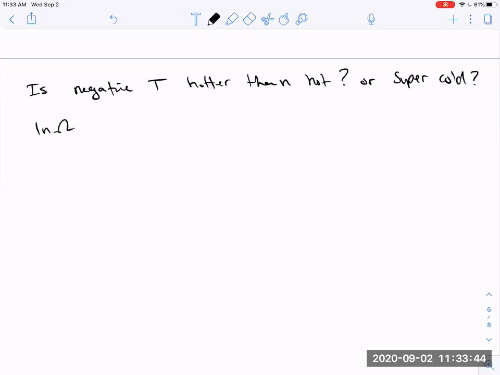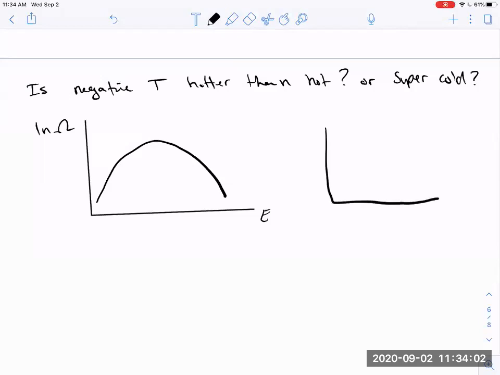All right, let's plot this again. Log omega versus E. So let's imagine partitioning our system. This is a closed system. The total energy is imagined to go through a sequence of fixed energy and fixed mechanical variables. Let's imagine fixing E1 and E2.